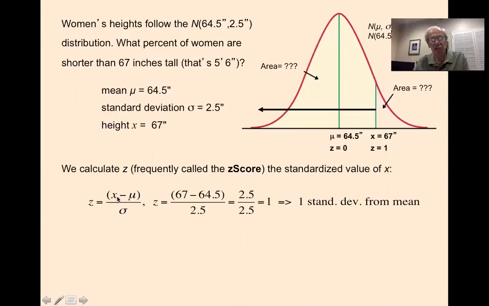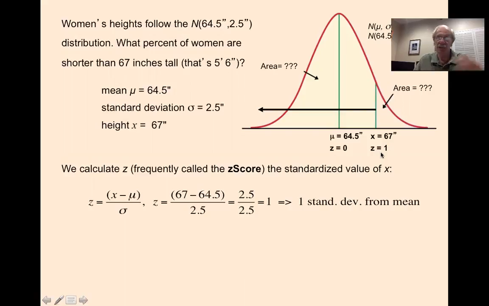Z equals x minus mu over the standard deviation, and x is the value that the question is being asked about, so 67 inches. I put my x in here, the mean is that, and the standard deviation is that. I make the calculations, and in this case, I get 1. So this 67 is equivalent to a z of 1.